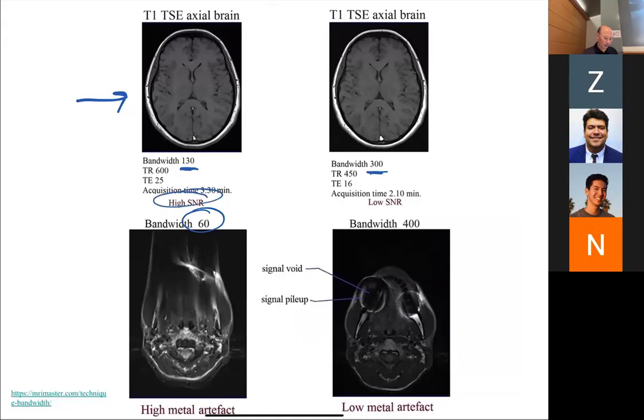But let's say we have someone with a high metal artifact, like braces. Now if I use a bandwidth of 60, there's more time for that metal to dephase the spins and screw them up, and so I end up with really strong artifacts. Now the bandwidth of 400 doesn't get rid of all of them, but you can see it's at least correcting it; the artifacts are reduced somewhat. So there's always this trade-off between the advantages of high bandwidth versus low bandwidth.